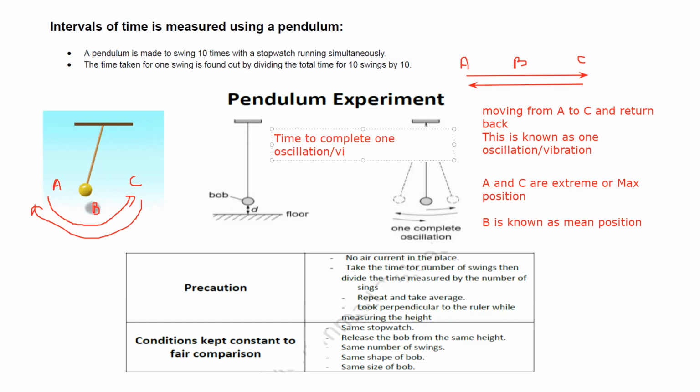In your course outline, you have an experiment to find the time period of the pendulum. So how can we find the time period of a simple pendulum experimentally? The term oscillation means vibration, a to and fro motion.